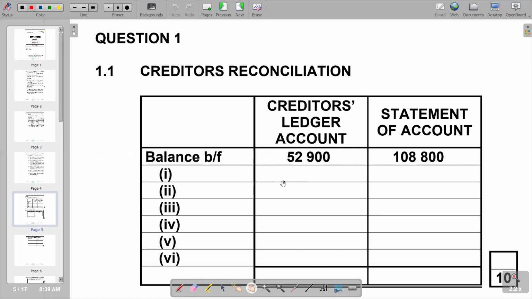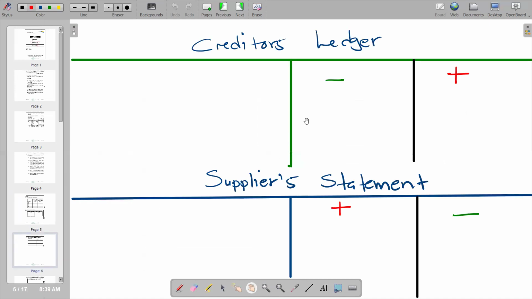Since we have to indicate a plus or a minus, we have to try to understand what goes to the debit side and what goes to the credit side of the creditors ledger. The same applies to a statement of account. What will be on the credit side of the creditors ledger is the same information that we should see on the debit side of the supplier statement.